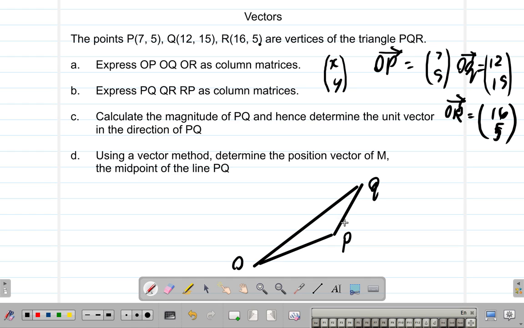So PQ is going this way. The arrows here, the next side is going down, and the arrows here going up. So basically, it's like you're saying you're going this way from PQ.